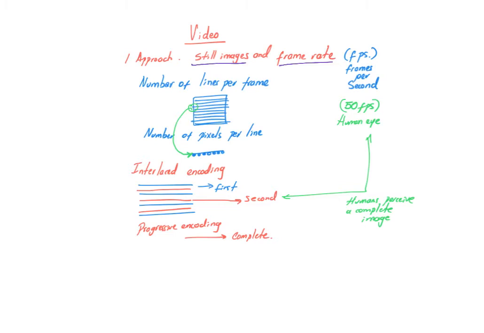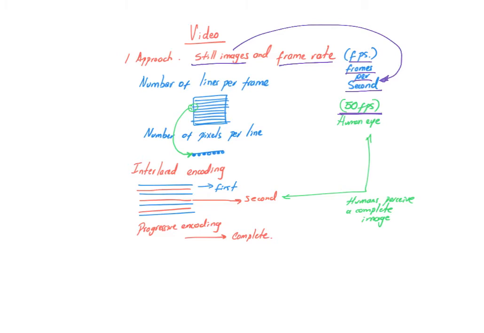The frame rate, which is how many frames per second I present to the screen, is called FPS, or frames per second. And the human eye cannot see the difference if you use 50 frames per second; it is a very smooth video image.